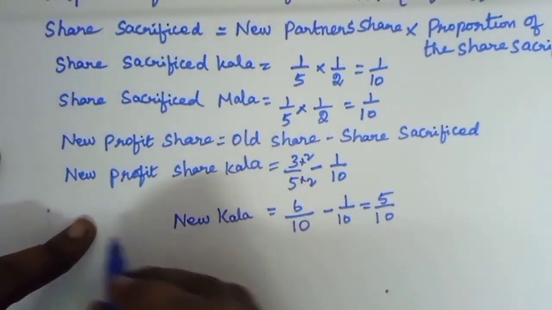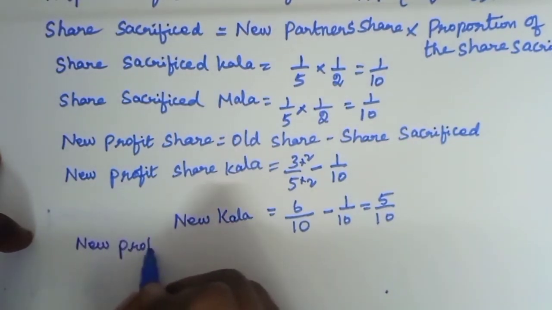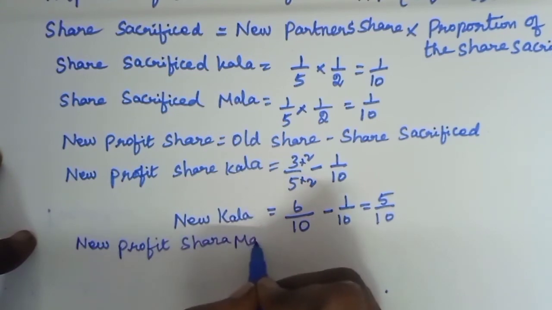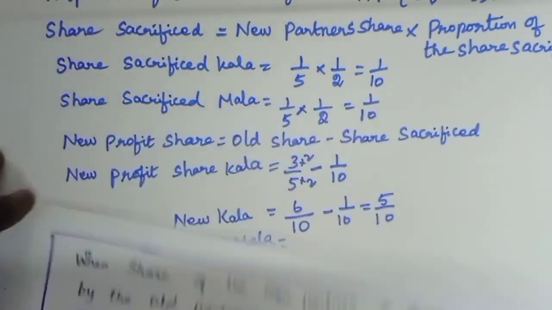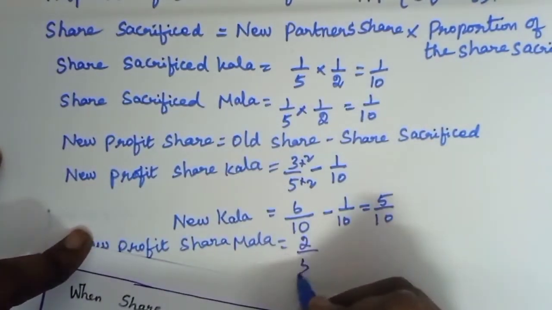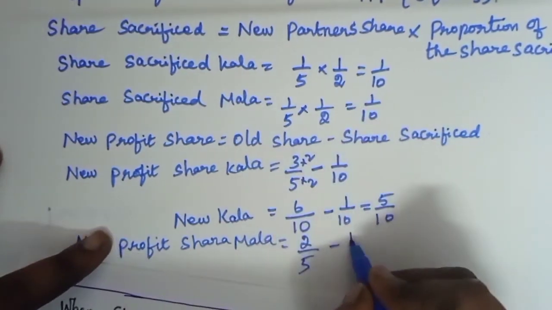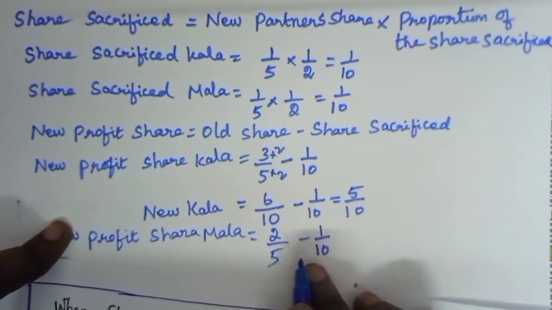Next, find out new profit share of partner Mala. Old share of Mala 2/5. Share sacrificed by Mala 1/10. Here also the denominator is different.